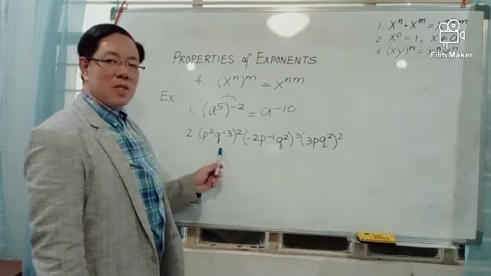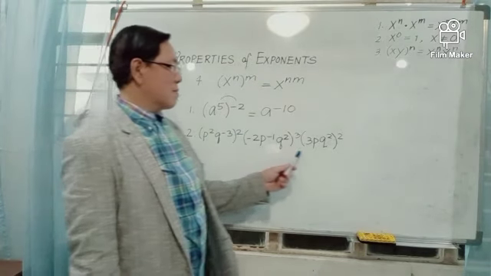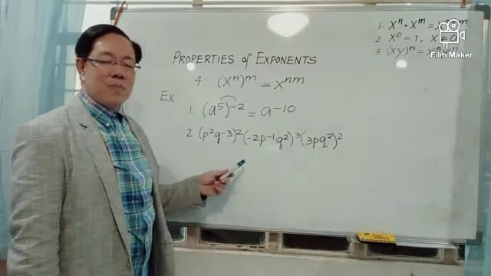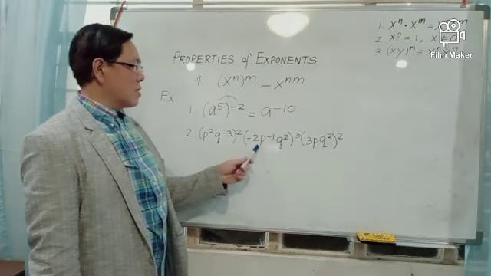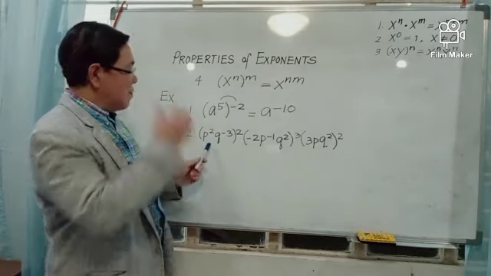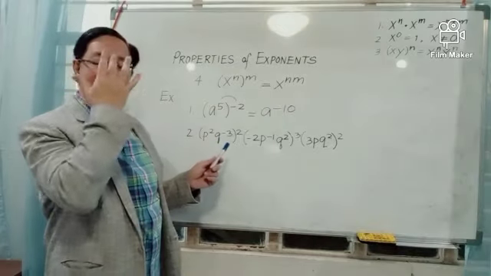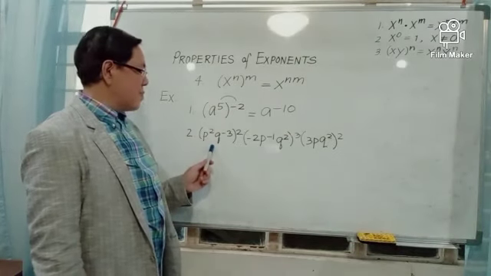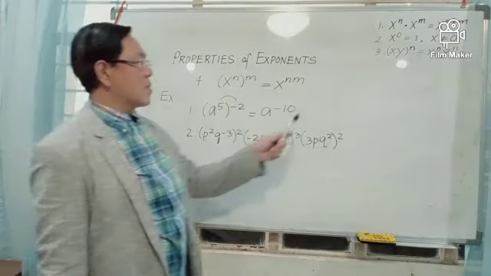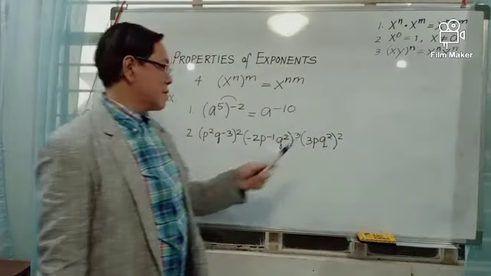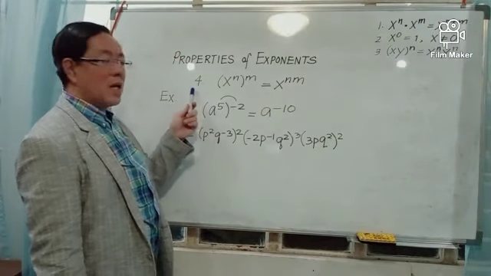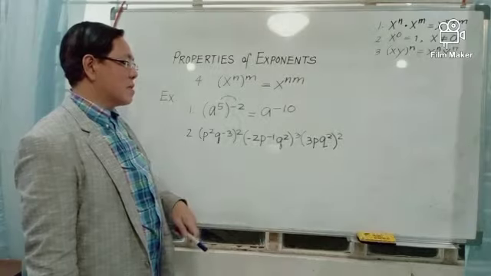In number 2, we simplify this product, which is a product of these three factors. For simplifying the first factor, we first apply the third property of exponent. And then we apply the fourth property of exponent.